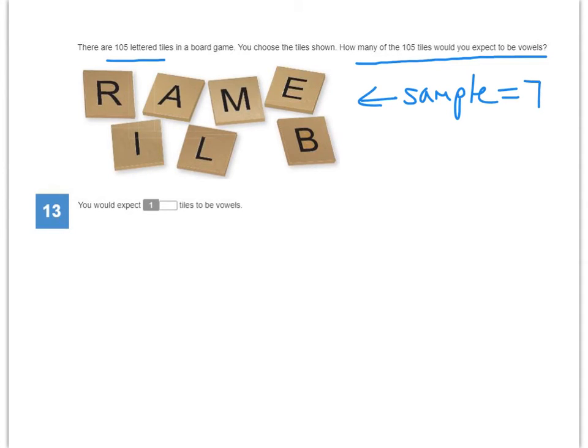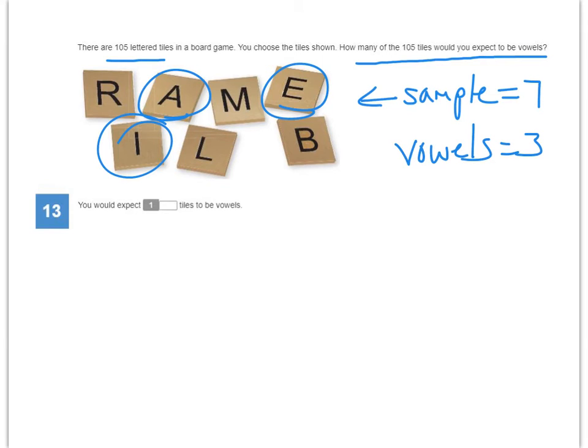And out of the sample, the number that are vowels is 1, 2, 3. So then my experimental probability would be the number of vowels over the whole sample, which would be 3 out of 7.